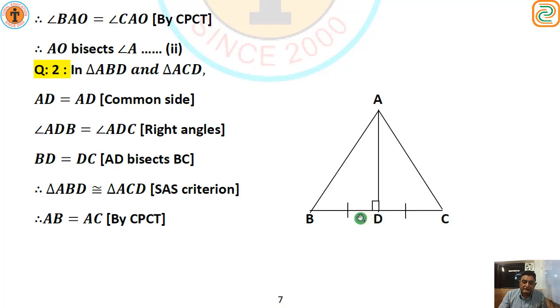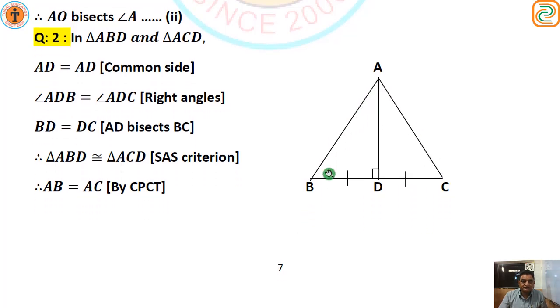If it is a bisector, then BD equals DC, right? Therefore, triangles ABD and ACD are congruent by side criteria. Therefore, AB equals AC. We have proved the two sides are equal. Then ABC is an isosceles triangle.